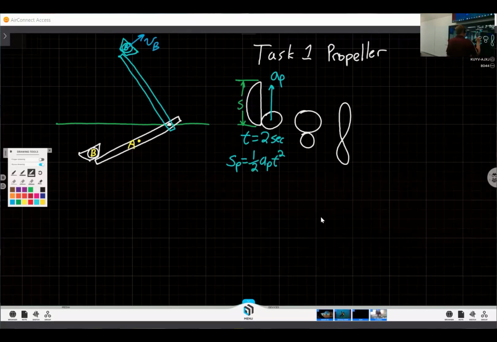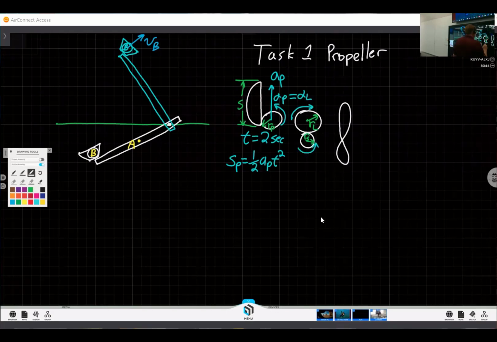And of course, if you know your radius, let's identify that real quick. You have your radius of the pinion gear, your radius of the large gear, your radius of the small gear. So if it's rotating this way, this would be your alpha P. It's going to be the same as the angular acceleration of your large gear, which of course then drives your small gear.